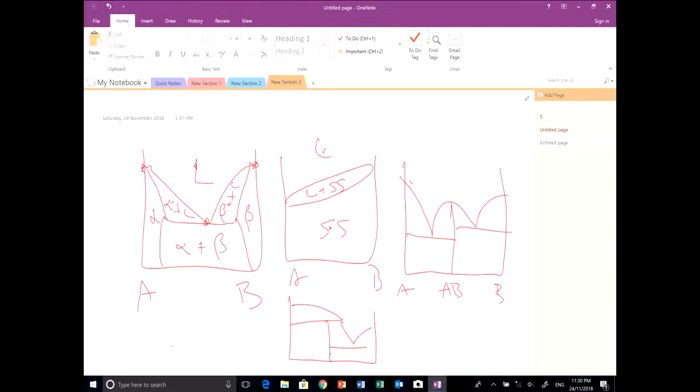They don't react. They're compatible. A and AB, and AB and B are compatible. A and B are not. They react to form AB. All right? That's a recap of yesterday's lecture.